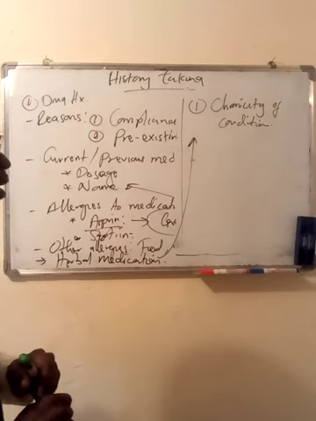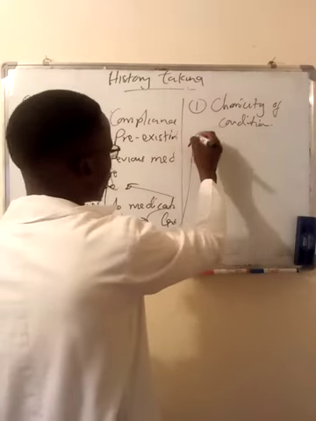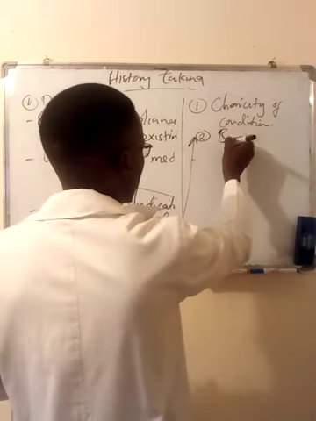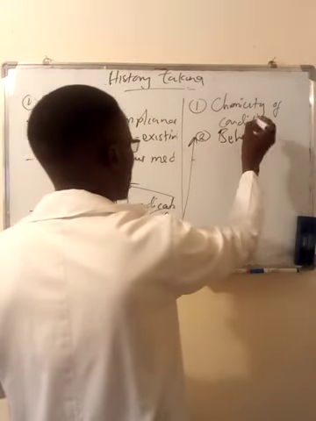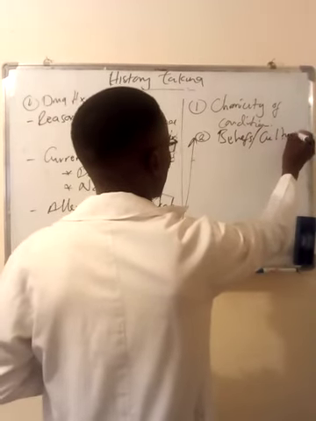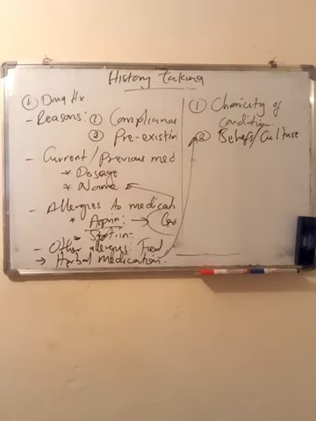The other reason why people usually do that is because of their beliefs or culture. It may be part of their cultural practices, or because of the chronicity of the condition, and they decide to go for herbal medication.